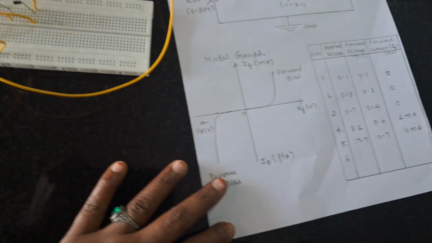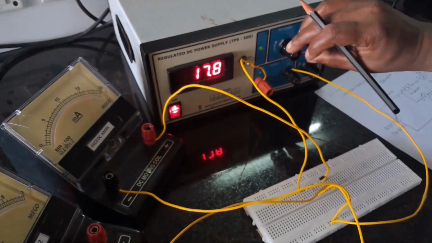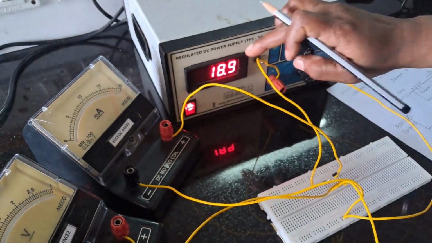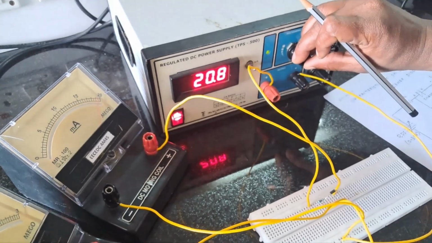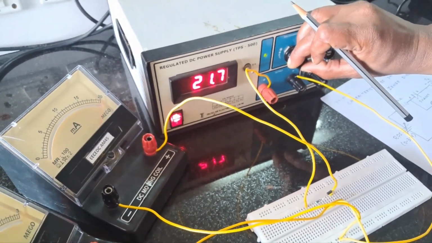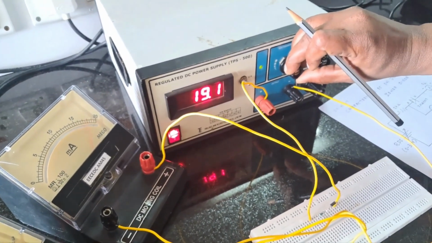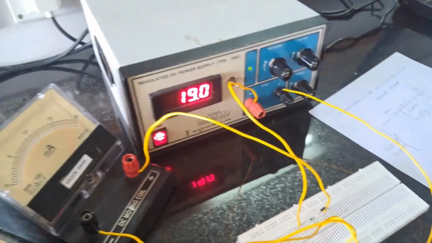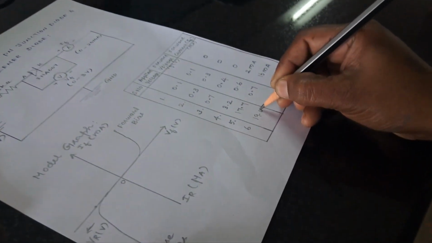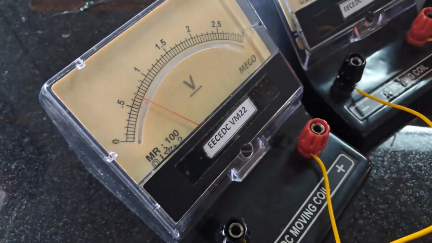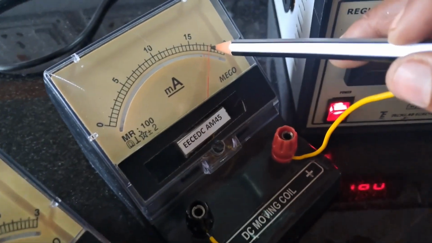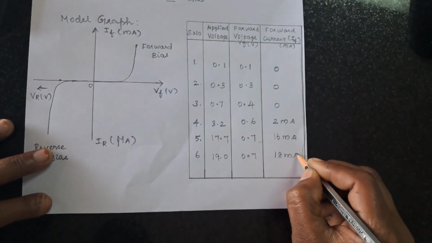Next, we take one more reading. While increasing the supply voltage to 19.0, the voltmeter reading is the same, 0.7. The current has increased to 18 milliampere.